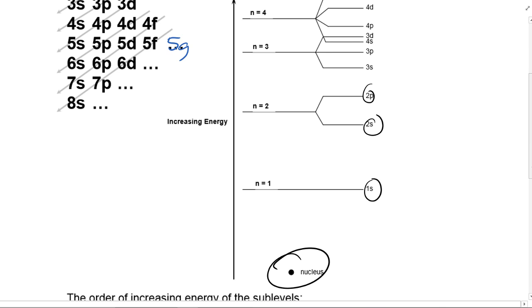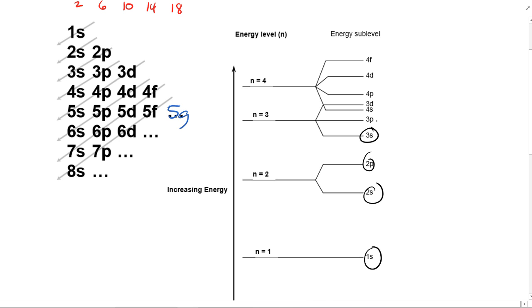So once we get up to the third energy level, we have a 3s, 3p, and 3d. And of course, when we compare an s, p, and d, it's the d that is more complex and would have the higher energy. So now, if we go on to the fourth energy level, we have an s, p, d, and f.